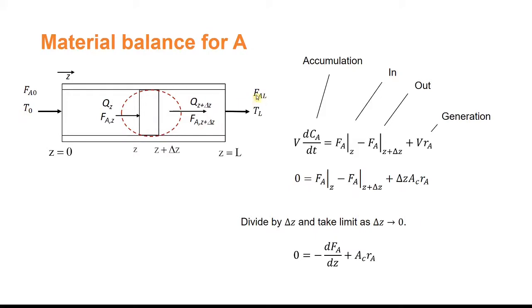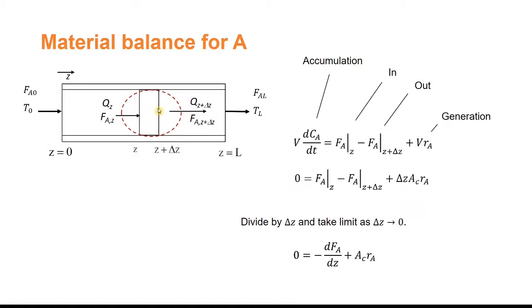We have our outlet flow and temperature here. And then we need to know the flows in and out of the control volume. So we write down the axial heat flow, QZ, and the axial molar flow of component A, FAZ. So we have material and energy flows coming in at Z, and we have flows coming out at Z plus delta Z.